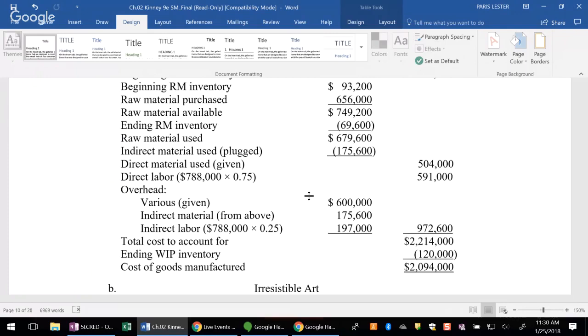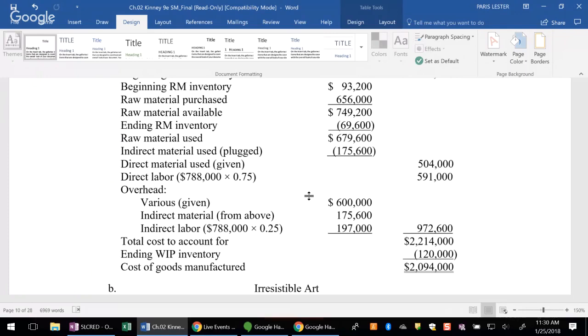Now, what is 75% of 788? I think 591. 591. What is 25% of 788? 197. All right, now we found the indirect materials, we found the indirect labor, and then they gave us overhead of 600,000.